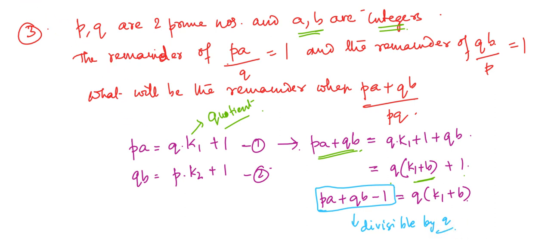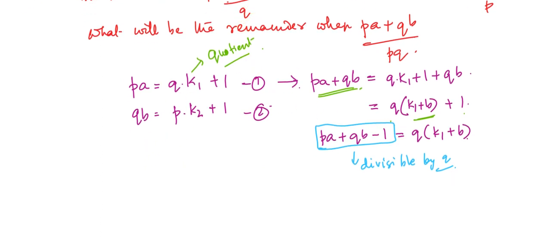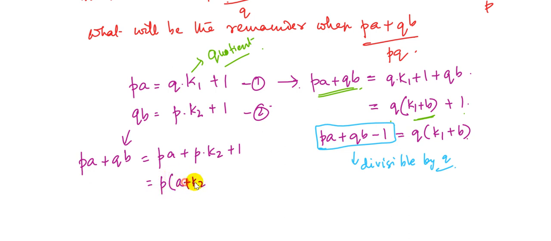Similarly, for the second one, I can add PA to both sides and write PA plus QB equals PA plus P into K2 plus 1. Exactly the same way that I did the first one. So this is P into A plus K2 plus 1, which is also an integer because A is an integer.